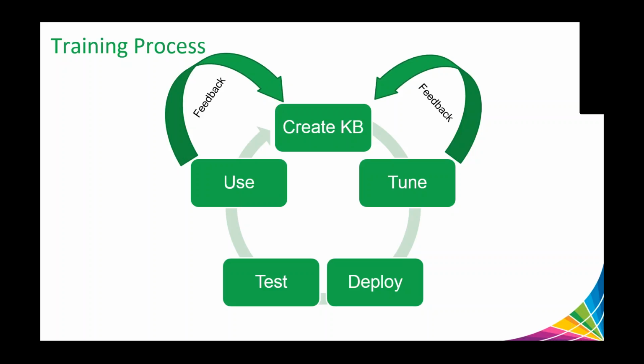So once we've done that, we can deploy it out to StoredIQ, and then ideally test it on unseen data. Even though you've gone through and analyzed it in Workbench, you'd ideally want to test it against some new data that the content classification has never seen. And then once you're comfortable with that, you would use it in a production scenario.